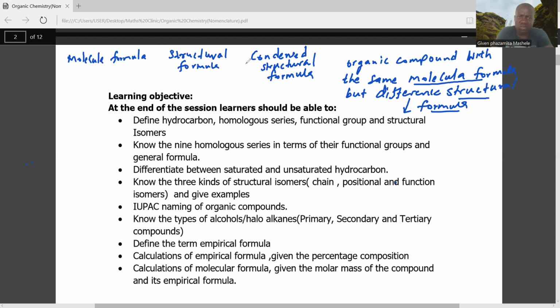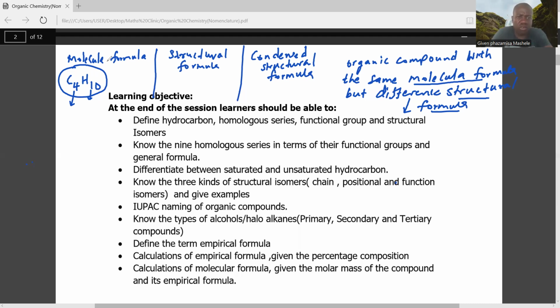So if you say C4H10, this is a molecular formula. We do not show any bond in the molecular formula.